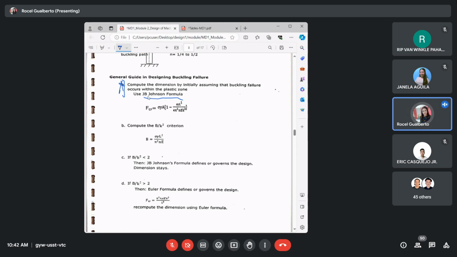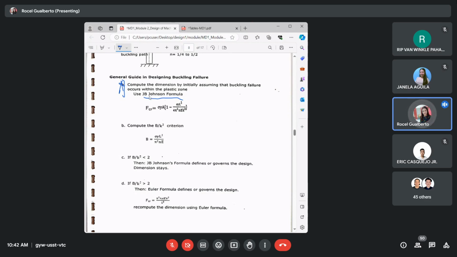Nasaan ba ang failure? Is it on the elastic zone po ba? O siya po ba ay nasa plastic zone? So, to tell us, you will be using the J.B. Johnson formula. So, ang initial po sa J.B. Johnson, failure is at the plastic zone.